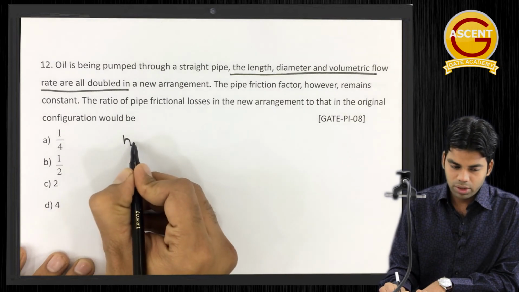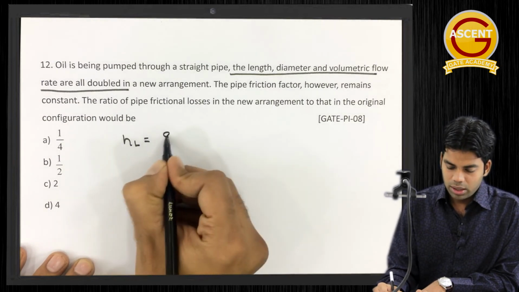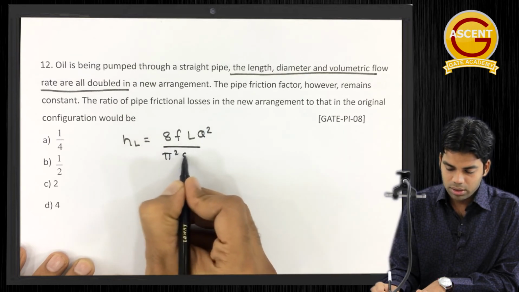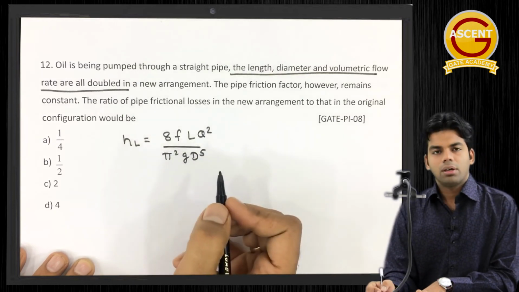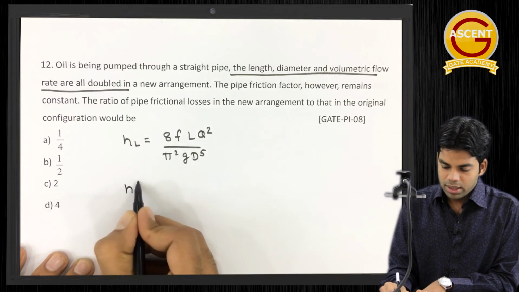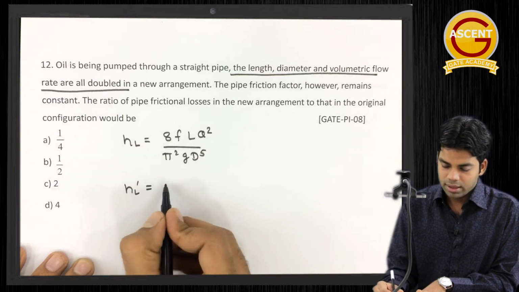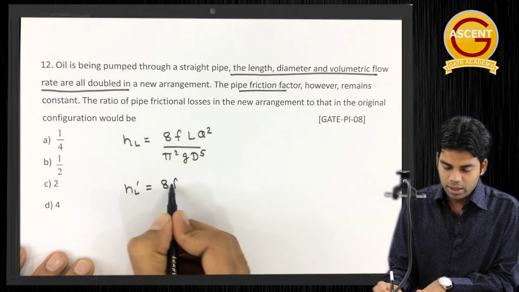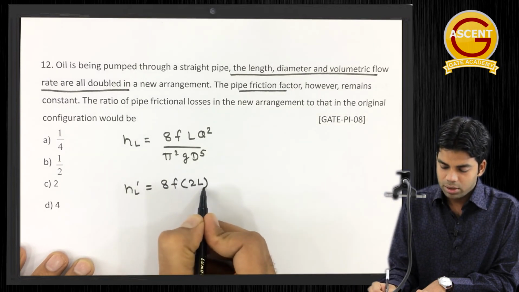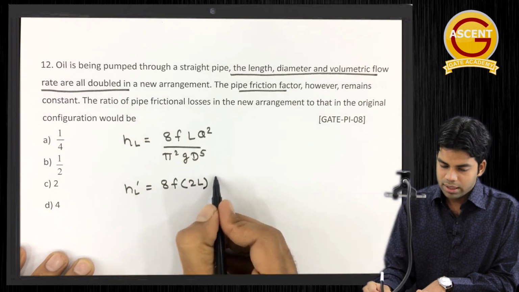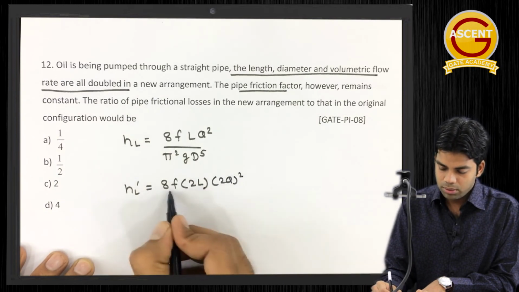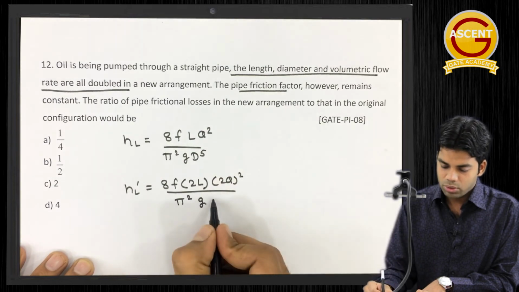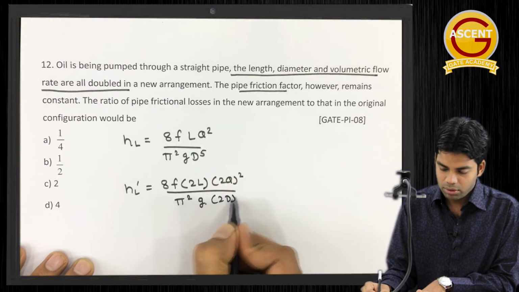So we know hL is equal to 8 f L Q square upon pi square g d raised power 5. Now in the new arrangement hL dash, the length is getting doubled, friction factor is same, so this will be 8 f, length doubled 2L, Q doubled 2Q square, divided by pi square g, diameter also doubled 2D raised power 5.